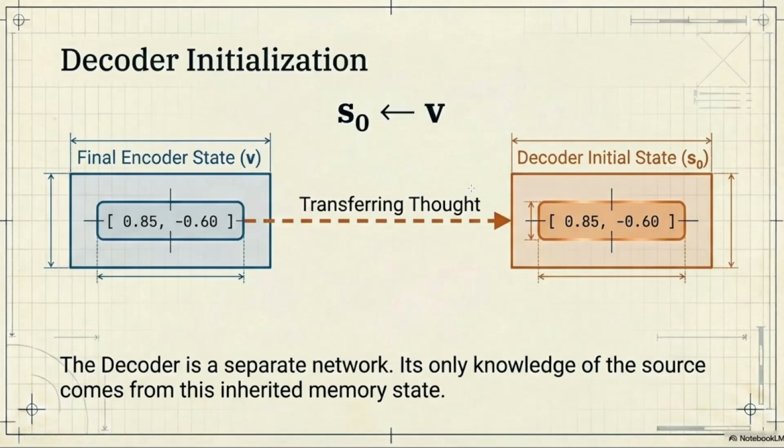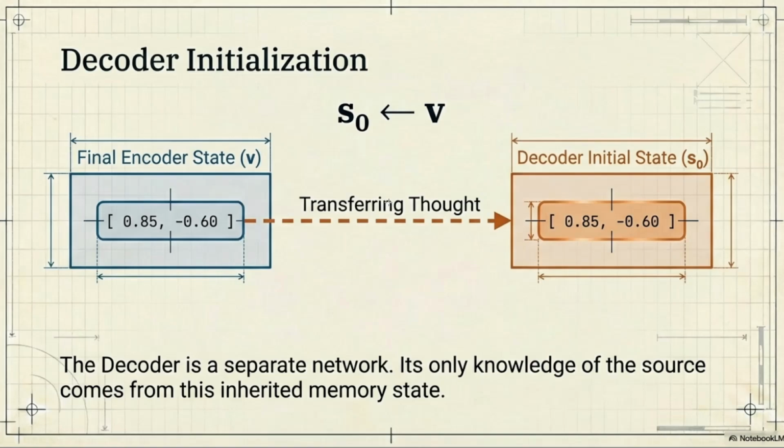And now we start with the decoder. After crossing the bridge, remember we have encoding, context vector, and then decoding. The encoder has finished its job. We take that context vector and use it to initialize the hidden state of the decoder. This arrow represents the only transfer of information between the languages.